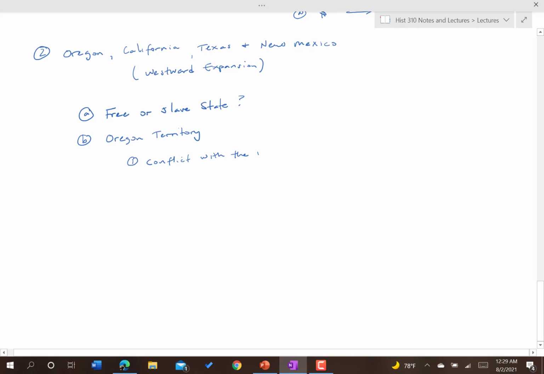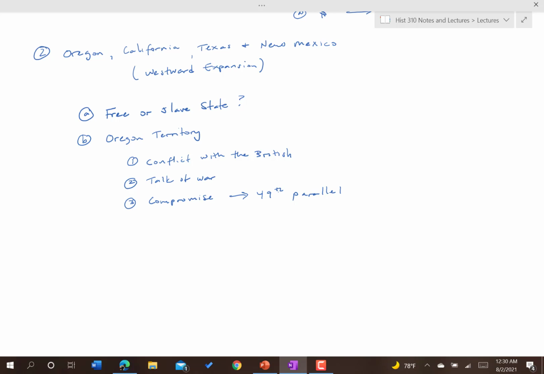Both countries had claims to this, and there actually was talk of war, but ultimately no one wanted to get into a war, and so they ended up creating a compromise with the 49th parallel as the divider. So you look at Canada versus the United States, and that kind of area.